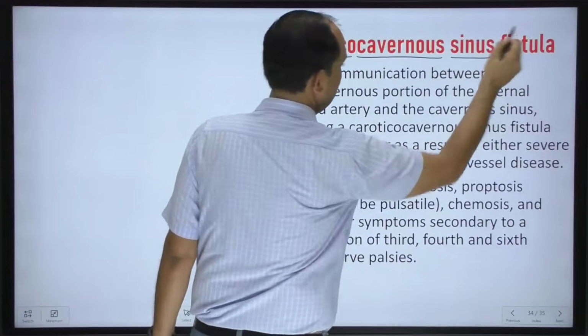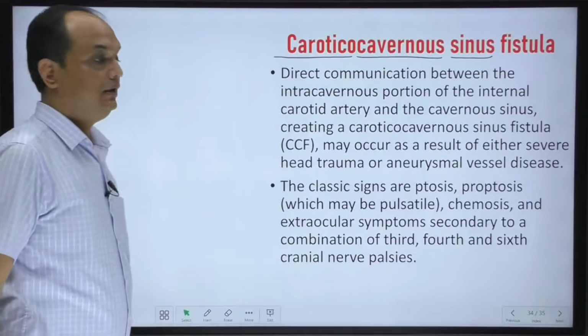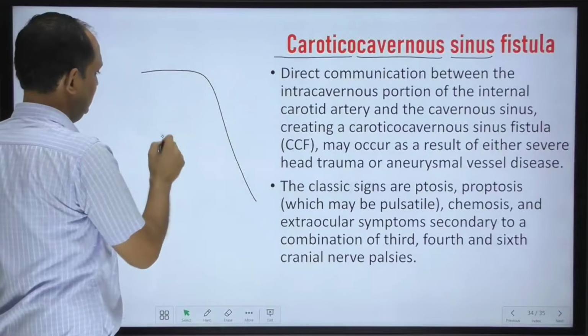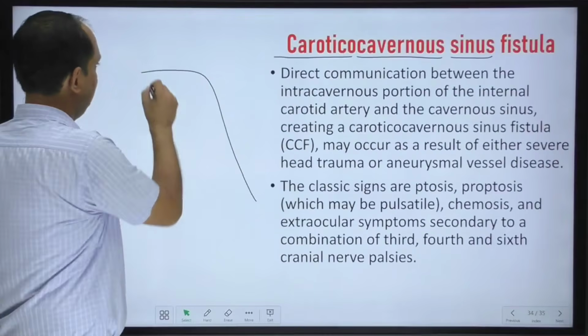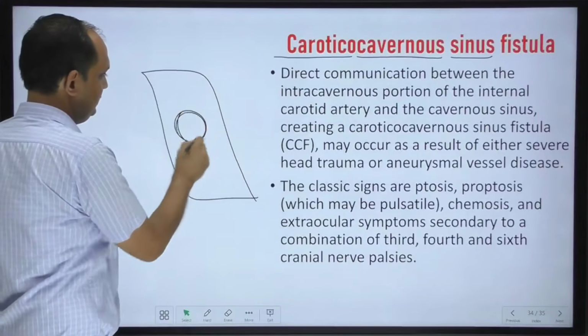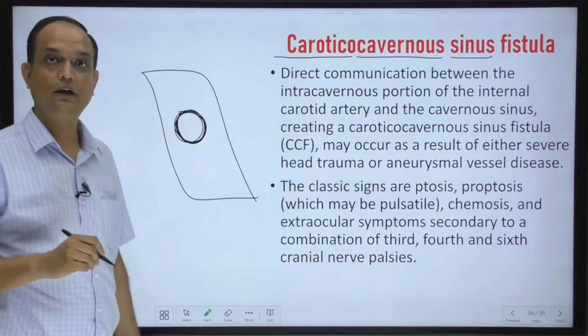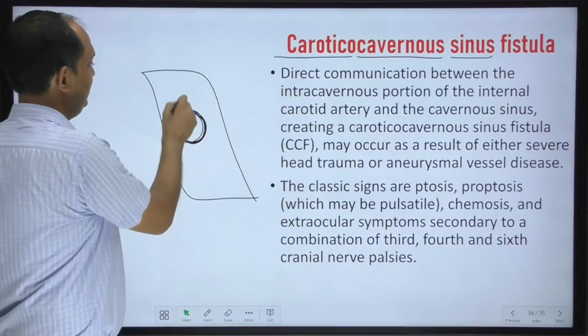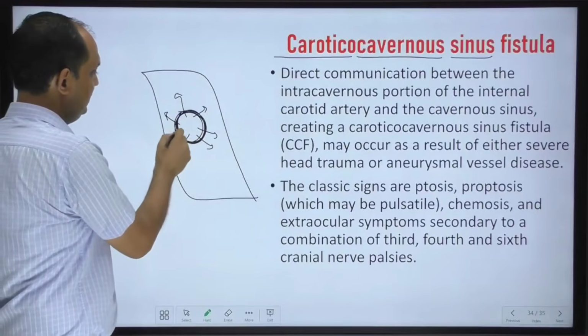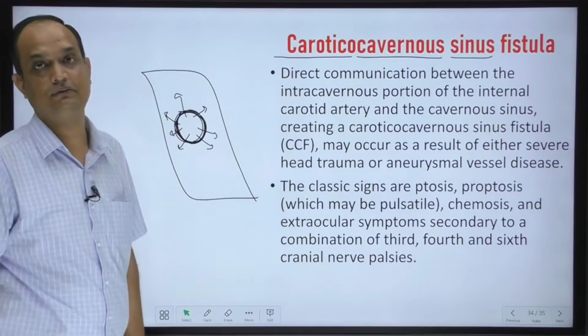carotico-cavernous sinus fistula. Now what does it mean? You have seen that there is a presence of an artery, the internal carotid artery. Now if this internal carotid artery gets ruptured, what will happen? The arterial blood will come out into the cavernous sinus.